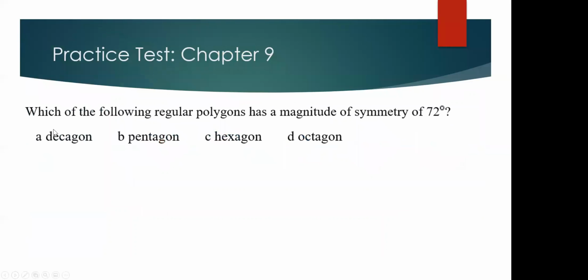All right, so it says, which of the following regular polygons has a magnitude of symmetry of 72? Now we know the magnitude, and remember it's 360 divided by the order. So we can write this as an equation, 72 equals 360 divided by x, whatever the order is going to be.